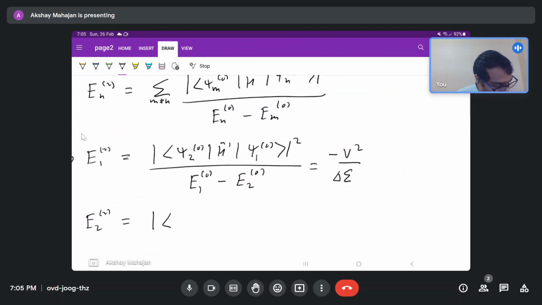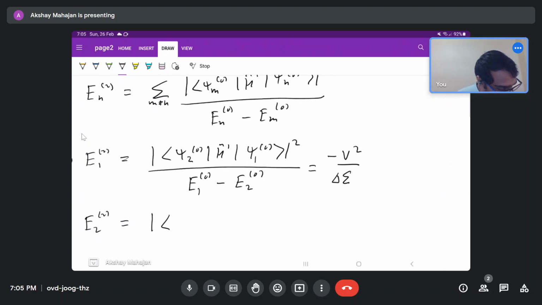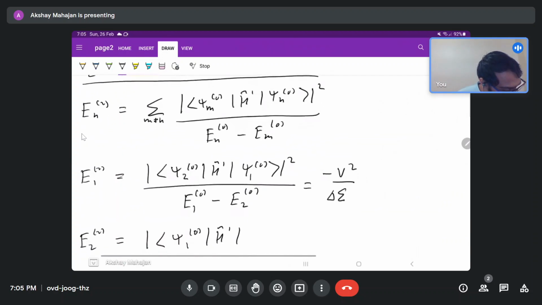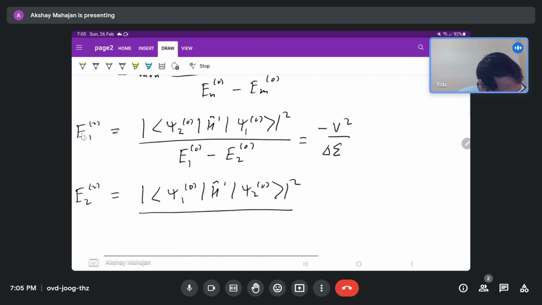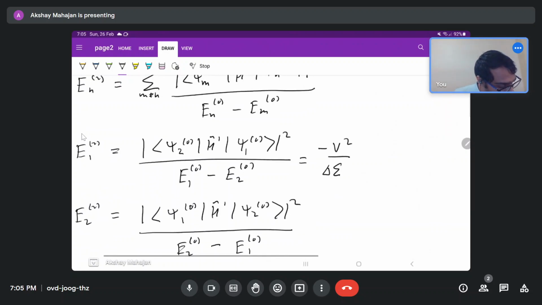Just remember that n is the one we are changing. So now m will be equal to 1 and n will be equal to 2. This h cap prime with psi 2 of the zeroth order whole square divided by E2 of the zeroth order minus E1 of the zeroth order, because m is the other one and n is the one that we have to change.